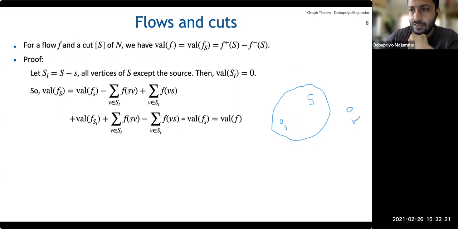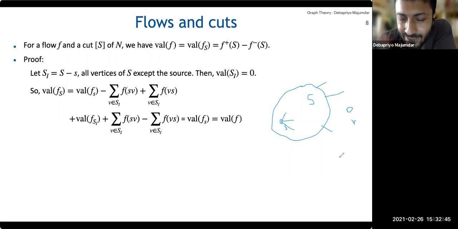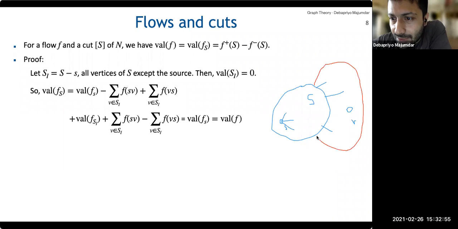Okay, so sink is here. The amount of flow I am generating out of this is the same as the amount of flow I am generating out of this. But intuitively, that is kind of clear, because what is remaining in the graph? This portion is remaining in the graph.